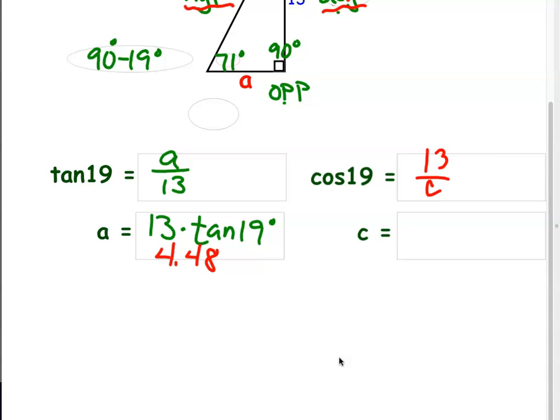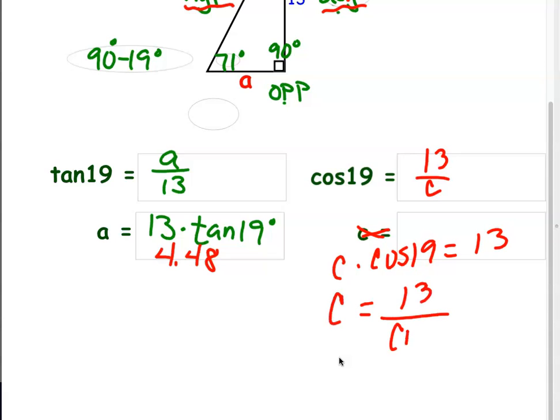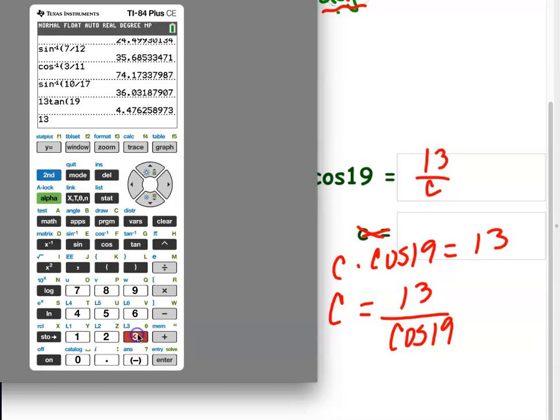Okay, so we're going to multiply C over to this. So C, I'm going to take a step back here. C times the cosine of 19 would equal 13. So to find C, we would do 13 divided by cosine 19. We get 13.75.